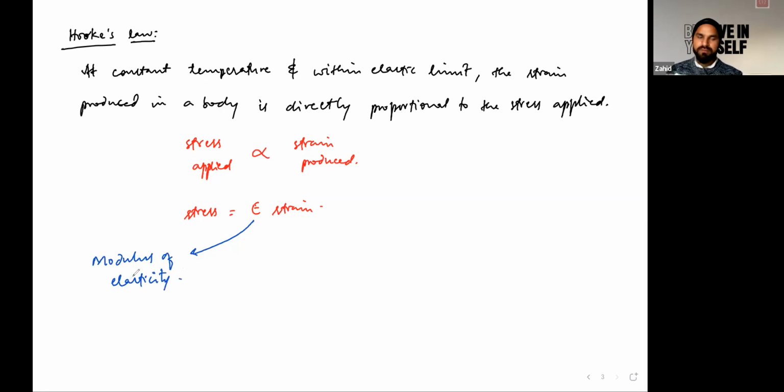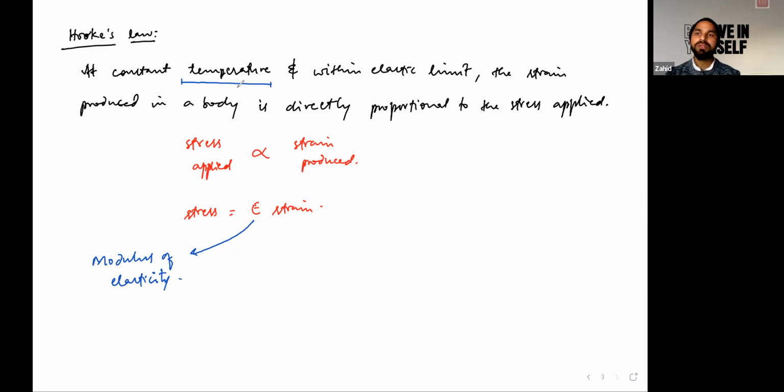Now, this modulus of elasticity defines the elastic behavior of a substance. In the first part, I said the temperature of the substance should be constant. Why? If you change the temperature of a substance, on increasing the temperature of the material, the bonds between particles get weakened. Then the separation between the particles will increase.